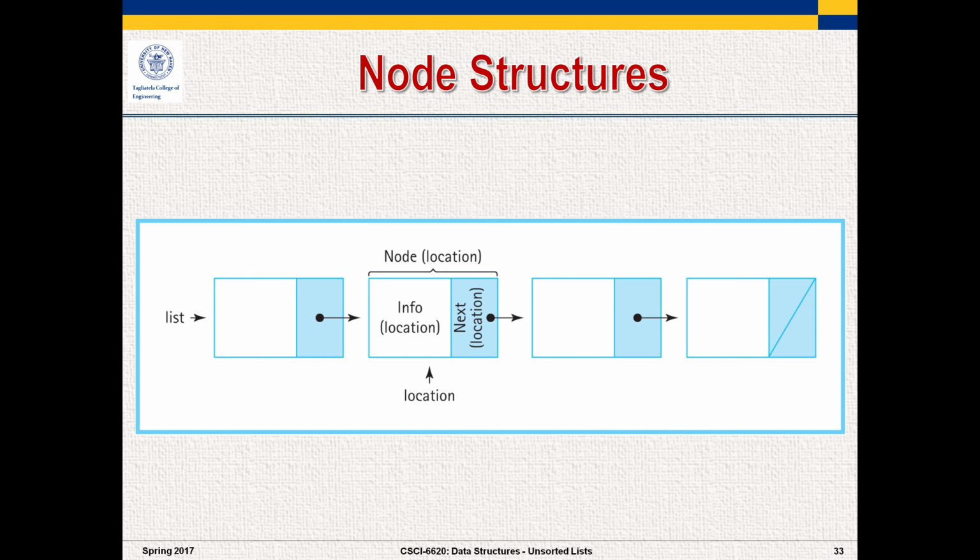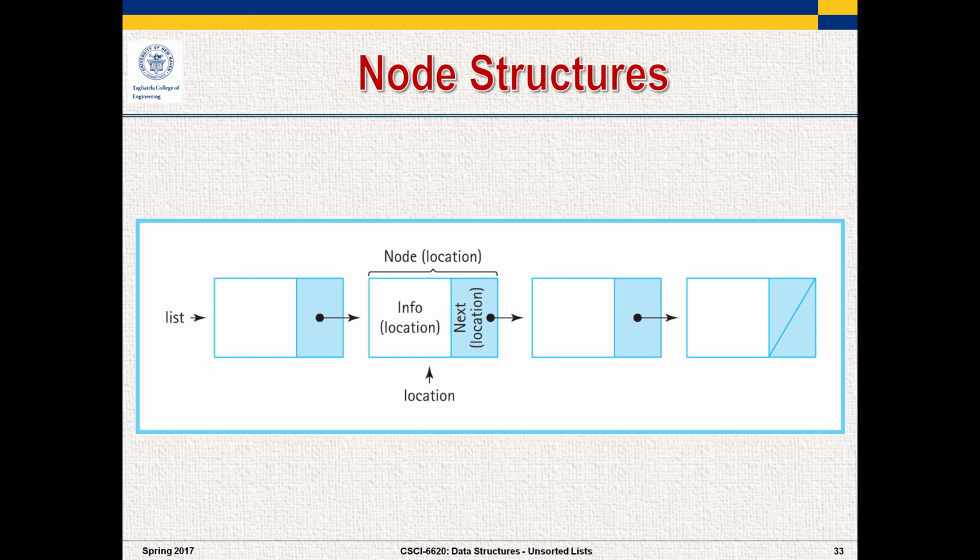As you can see, it's actually drawn in the second node. The node itself has a location, so there's a pointer to it, an address, that is. The info has the data that's being referred to by the node, and the second part of the struct that implements the node is a pointer to the next node, in other words, another location.